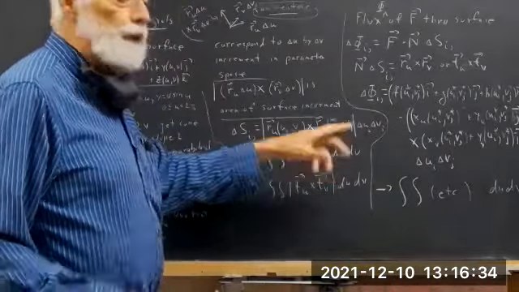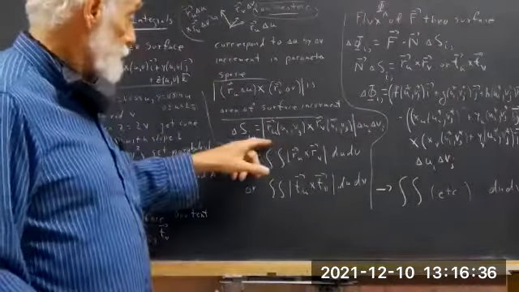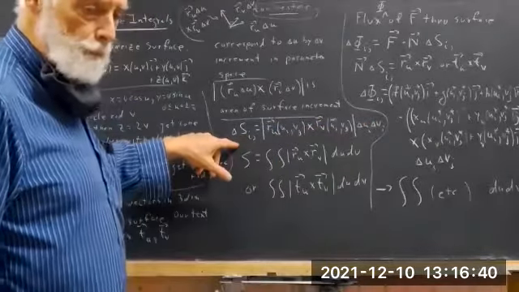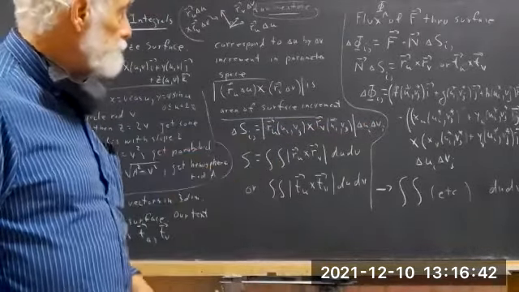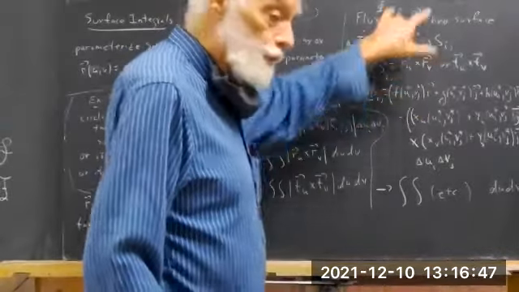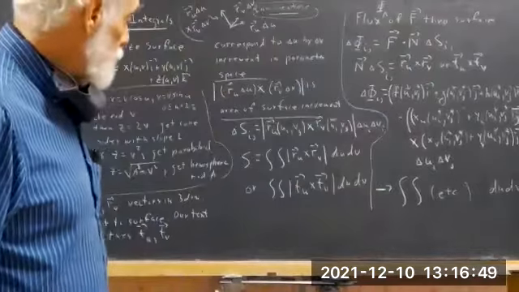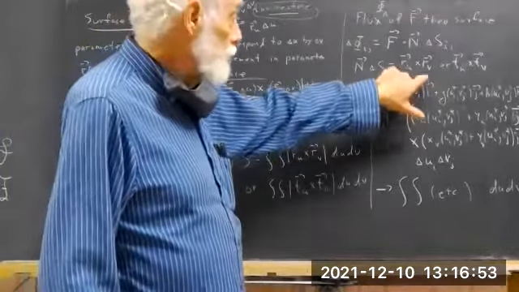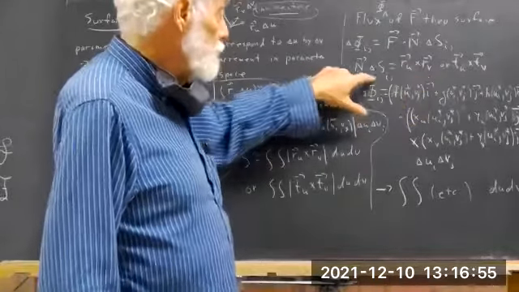This is the area in real space of that surface increment. If we do the Ru cross Rv without the magnitude, we get the same magnitude, but we also get a vector normal to the surface.